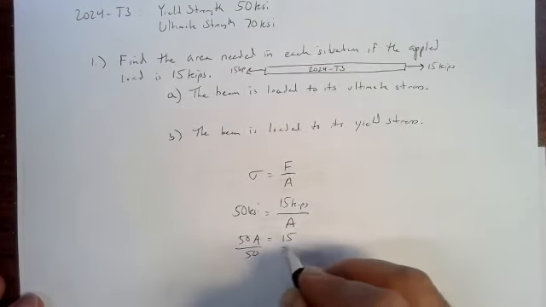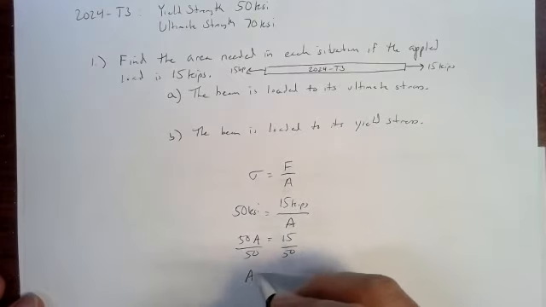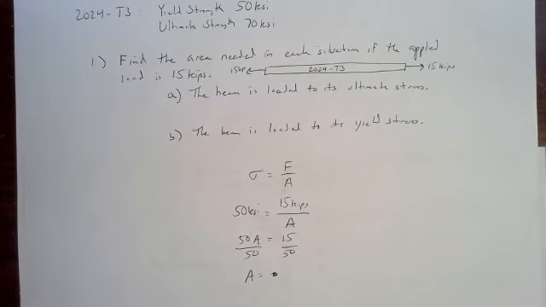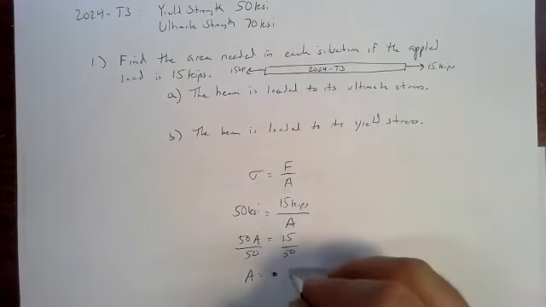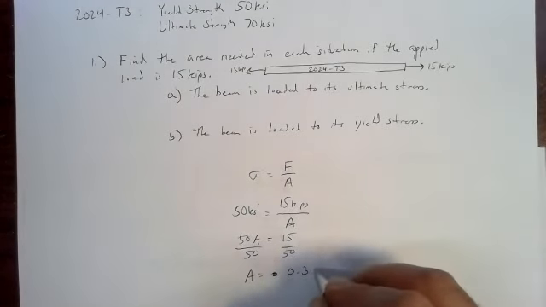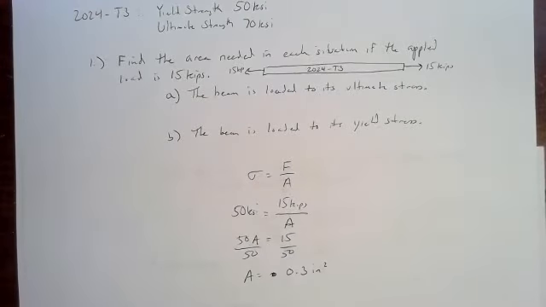Divide both sides by 50. And A is going to be 15 divided by 50, 0.3 square inches. So larger amount of area, but now we're just sitting on yield. We're just on the edge of this material stretching out permanently.